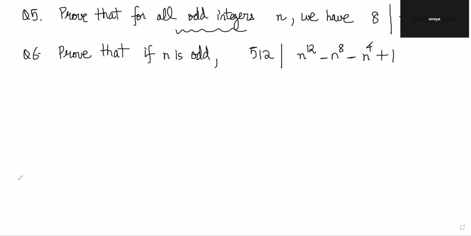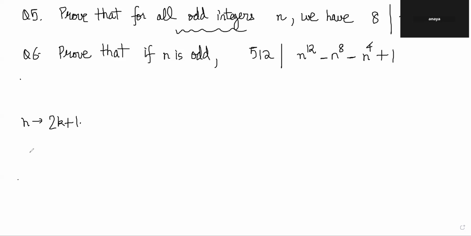No, we can't. n cannot be written as k plus 1. Oh, sorry, 2k plus 1. Please don't say such things. You need to know how to write odd and even numbers by now.